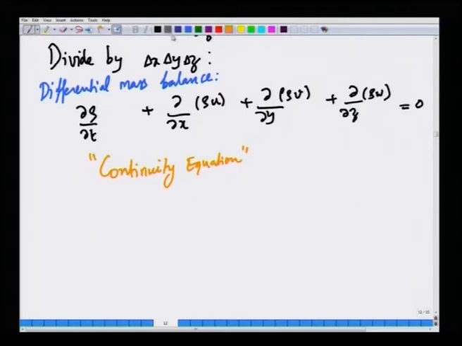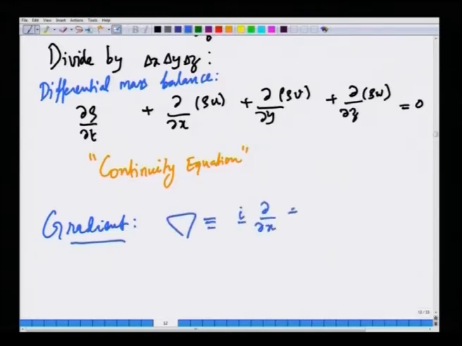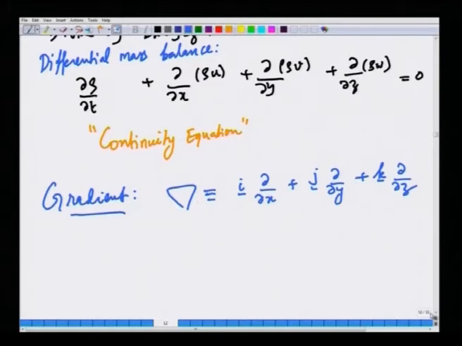In order to do that, we have to recall what is the notion of the gradient operator. The gradient operator grad is nothing but i times d dx plus j times d dy plus k times d dz. This is the gradient operator. This gradient operator can act on any vector or a scalar, or you can also take divergence. Let me explain a little bit more carefully.